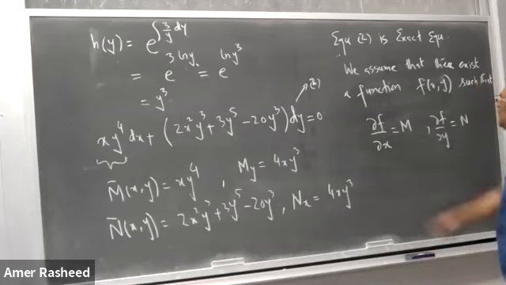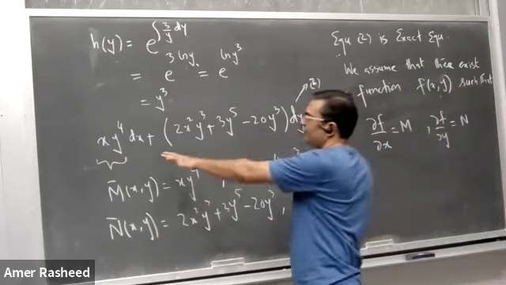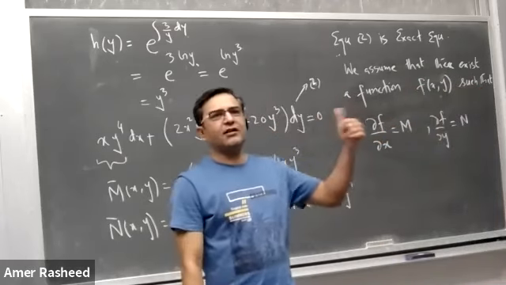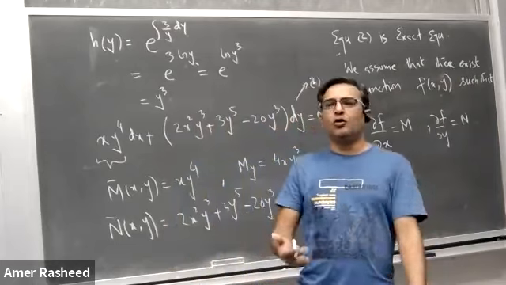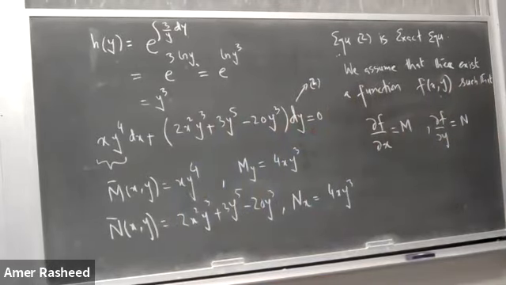We assume that there exists a function f of xy such that the left hand side of this equation is the exact differential of this function f of xy. Furthermore, partial f over partial x is equal to M and partial f over partial y is equal to N. This is the complete description of this thing.